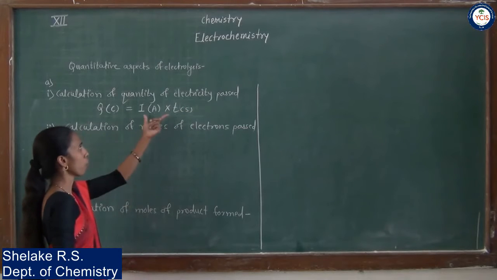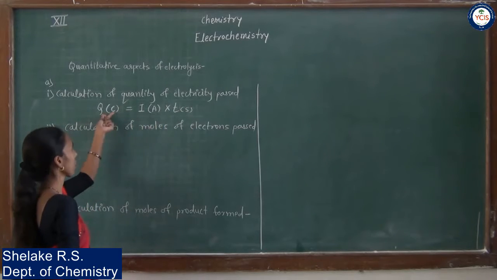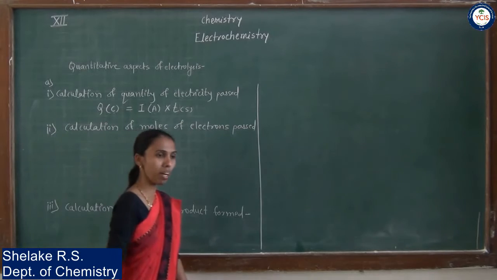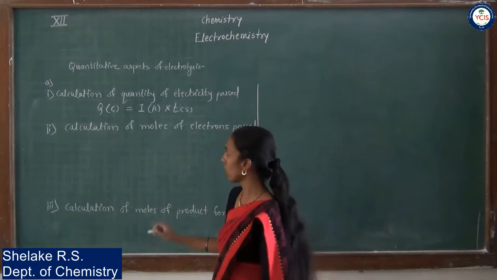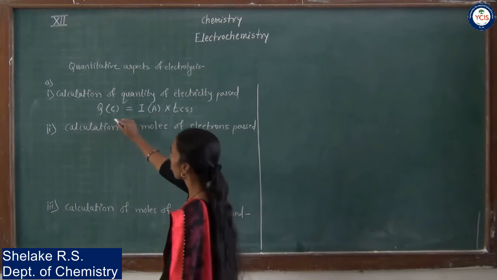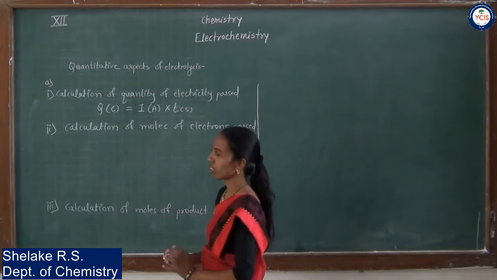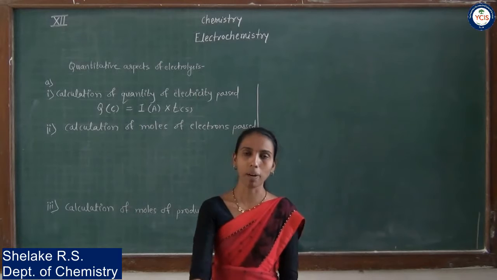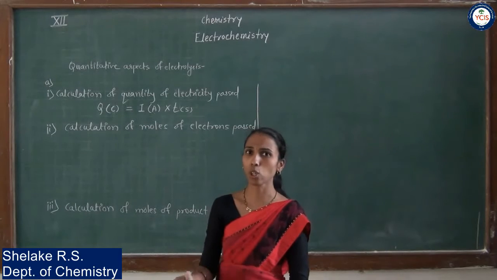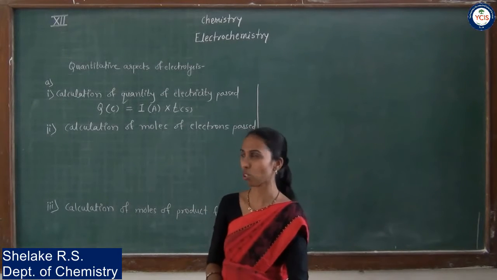The product of these two quantities is the quantity of electricity passed through the electrolyte. See here, Q is the charge, or you can say the total amount of electricity passed through the electrolyte for the reaction of electrolysis.